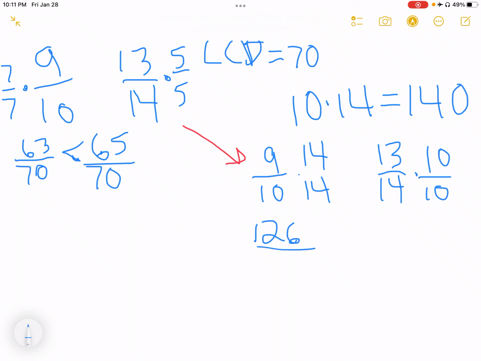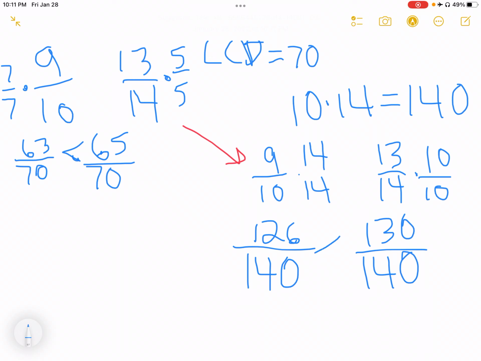I'm just doing this quick math in my head, but you guys can multiply it out too. And then over here, you get 130 over 140. And then you'd still find the same thing, that the one on the right is bigger. But that's just another way you can think of it. You can just think of it as multiplying both of your denominators, those are both your denominators.